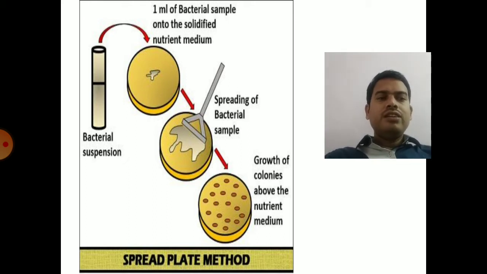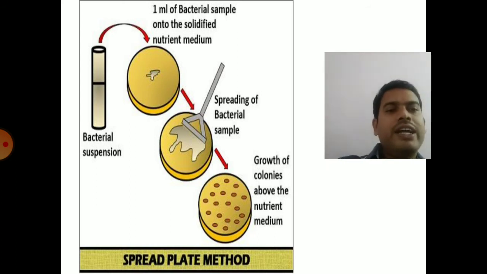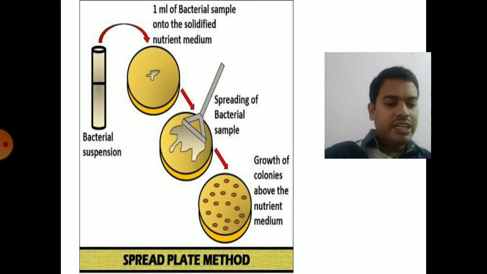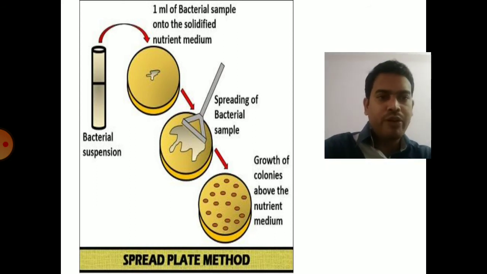So you can use n number of petri dishes for your n number of serially diluted samples. And in whichever serially diluted sample you get pure colonies, you collect that sample. So you place the drop of suspension of your serially diluted sample, and after that you spread it with the help of a spreader.